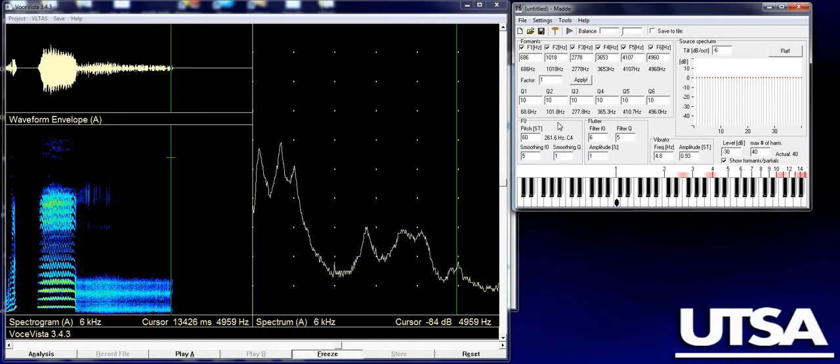Not quite me, and so we can try a couple of things. Number one, we can deal here with the source spectrum, and we're also going to be doing those bandwidth adjustments. So just listen to what happens as I change the tilt on the spectrum. That is, how rapidly does it fall off in intensity as we go higher and higher in frequency. So this is at a 6 dB slope per octave. Now if I change it to 5, notice it starts to sound a little more ringy.